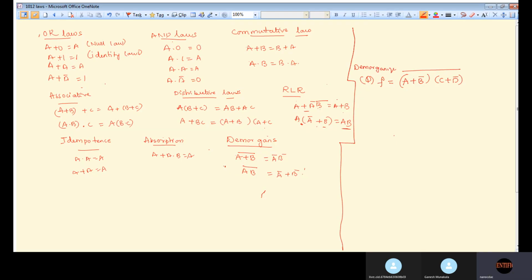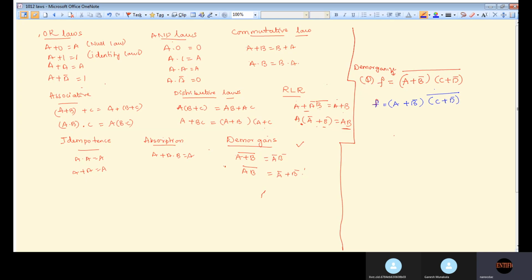Demorganize this function means first you need to use De Morgan's law. That's it. If this is your function, F is equal to A plus B bar into C plus D whole bar.